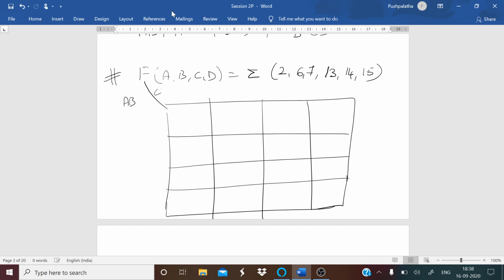A, B, C and D. C bar D bar, C bar D, C D, C D bar, A bar B bar, A bar B, A B and A B bar.